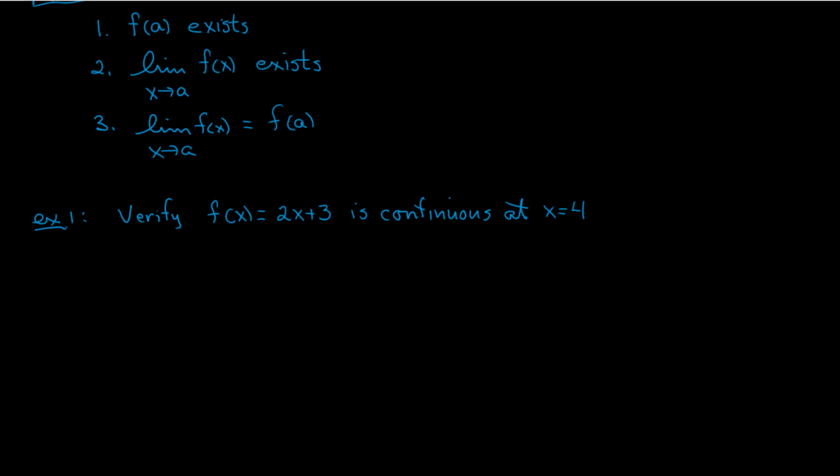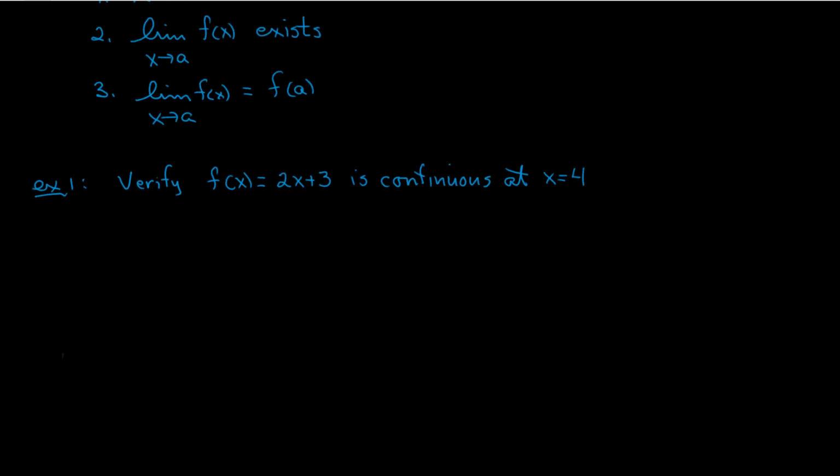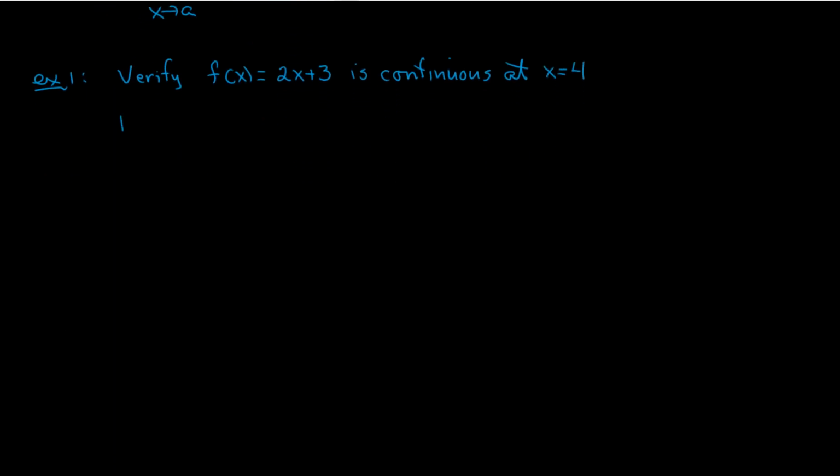Step 1, does the function exist at the point of interest? So step 1 says we're going to evaluate the function at 4, 4 being the point of interest. x equals 4 is our point of interest. So we're going to evaluate the function, and this is going to give us 2 times 4 plus 3 equals 11.